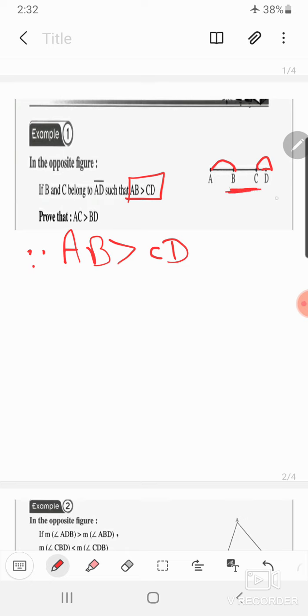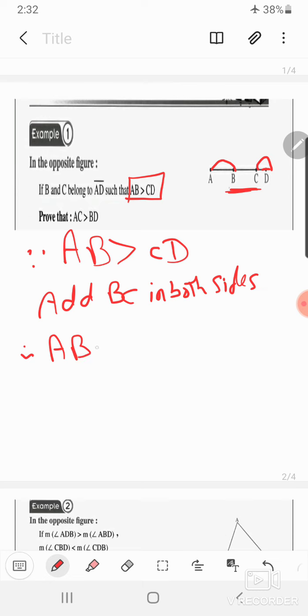Of course. I make sum, so add BC in both sides. Therefore, AB plus BC is greater than CD plus BC.